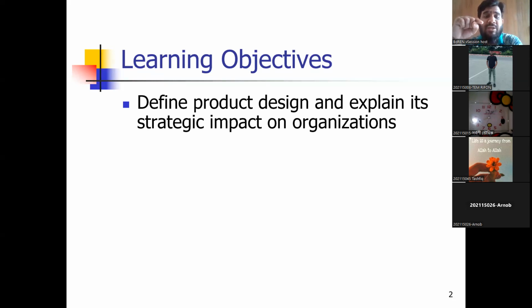What he does is organize a meeting, a team meeting. In the team, the operations manager is a member, the marketing manager is a member, the HR manager is a member, say for an example.